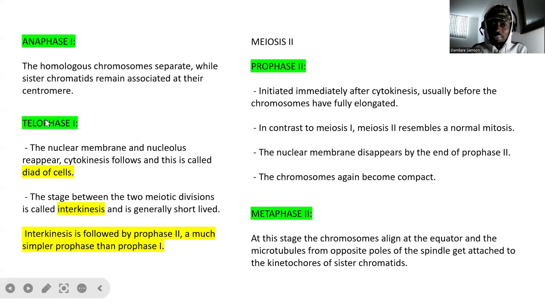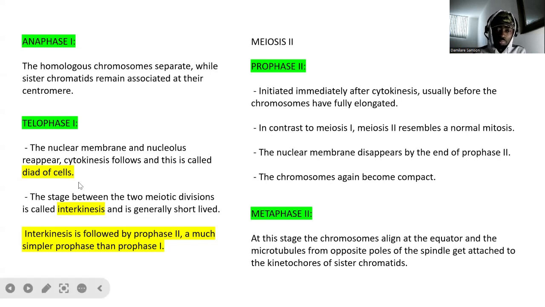Now at telophase they begin to reappear, and the nucleolus also reappears. So cytokinesis then follows, and this is called dyad of cells. The same process as mitosis, just the little differences because here now there's homologous chromosomes, there's crossing over, there's chiasma, so it makes it different because of that little stuff.